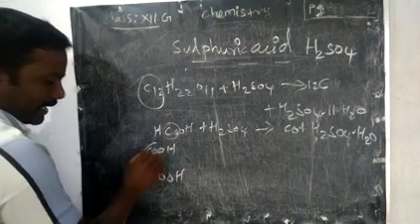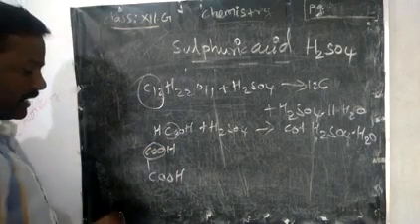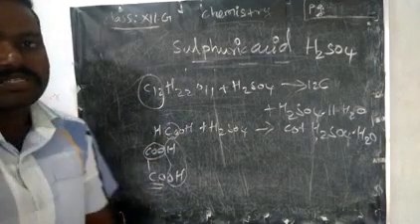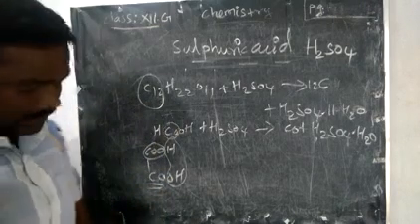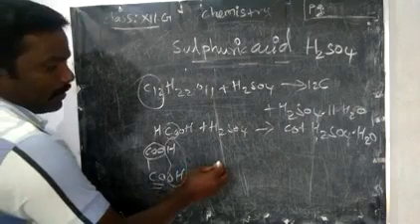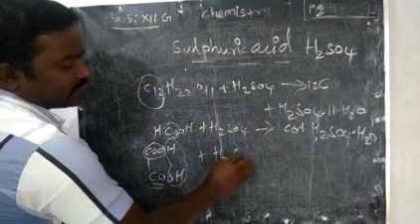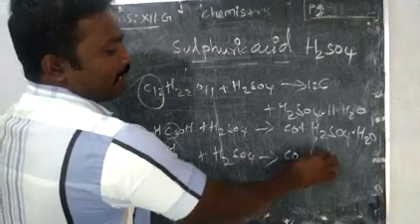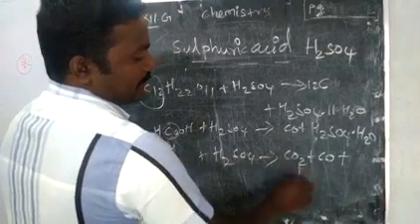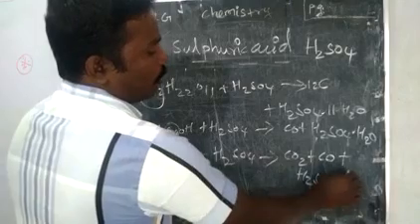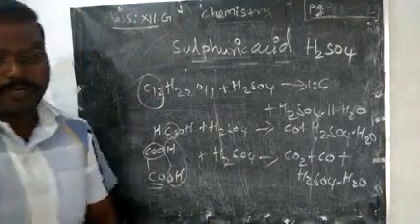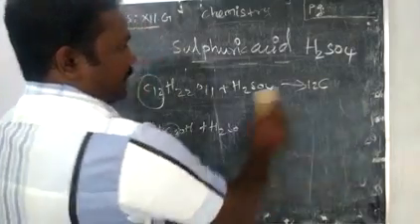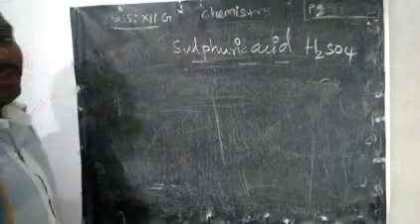One will go as carbon dioxide, another one will go with the water. So the remaining will be CO, carbon monoxide. This water will go as hydrated sulfuric acid as usual. So the remaining are carbon dioxide and carbon monoxide, along with monohydrated sulfuric acid. So all are examples of hydrated sulfuric acid.